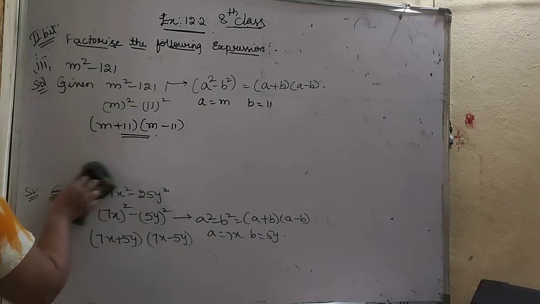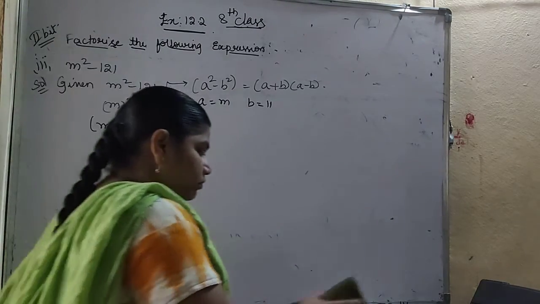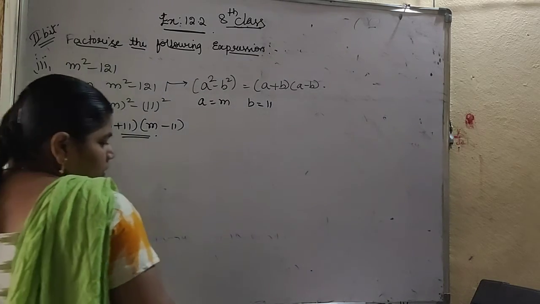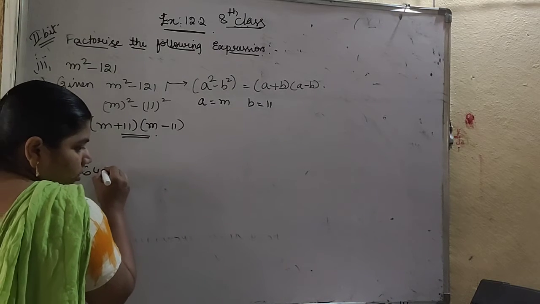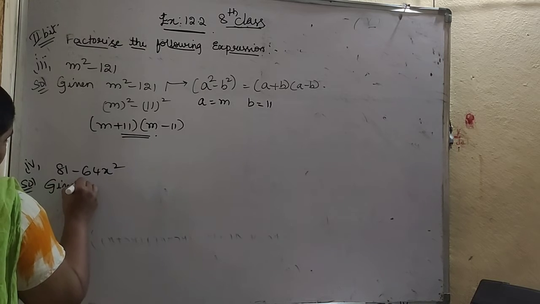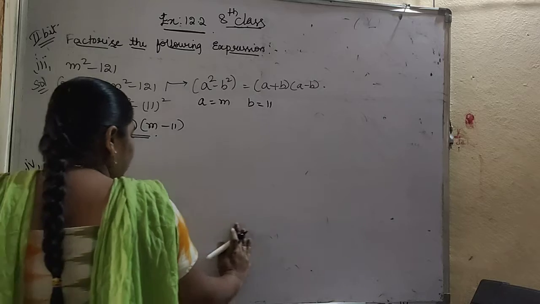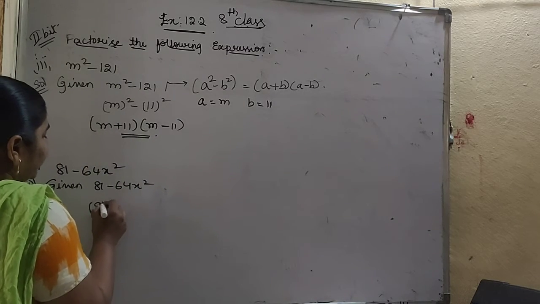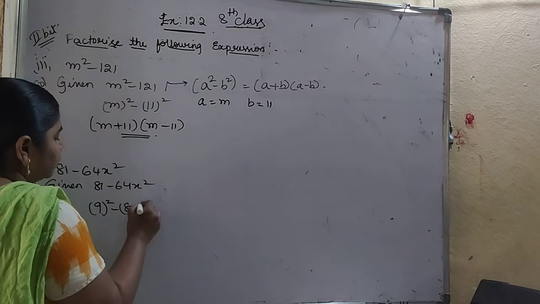Next is fourth one. Fourth is 81 minus 64x square. Given 81 minus 64x square. So both are in the form of squares only. So 81 can be written as 9 square. 64 can be written as 8 square, so we can write 8x whole square.